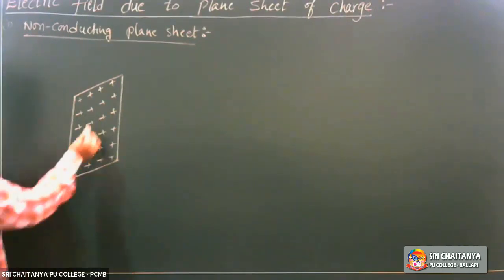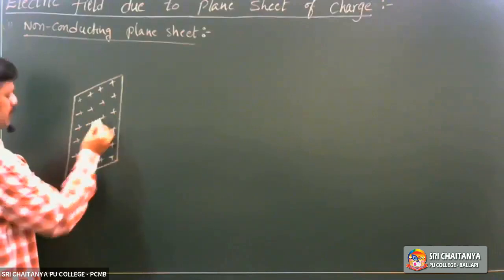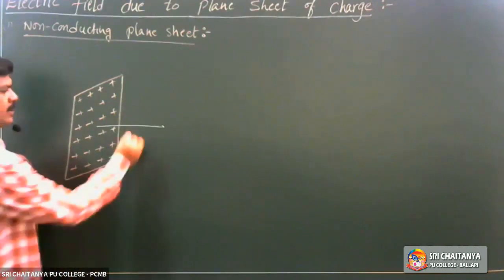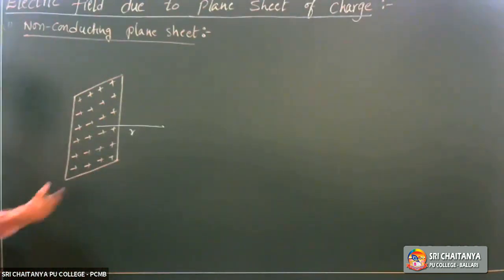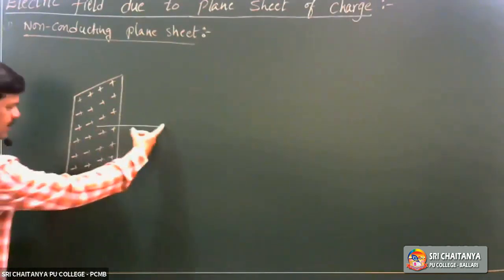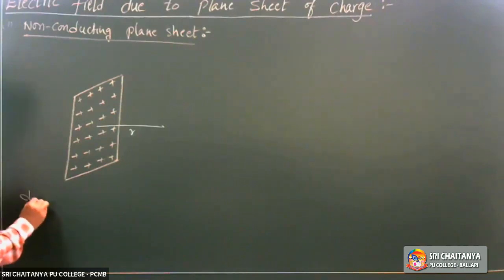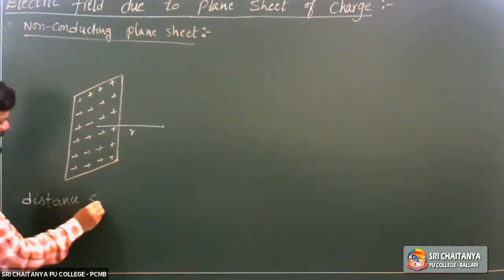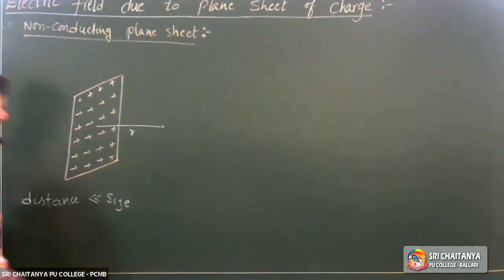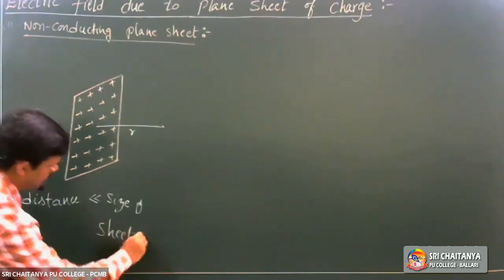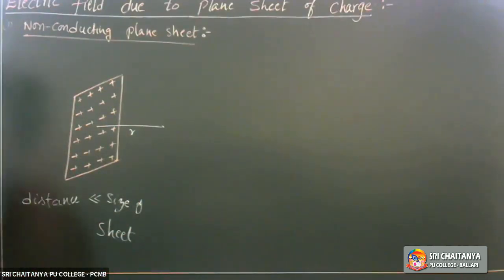Due to this plane sheet of charge, at any perpendicular distance from the surface, such that that distance is much less than the dimensions or size of the sheet.